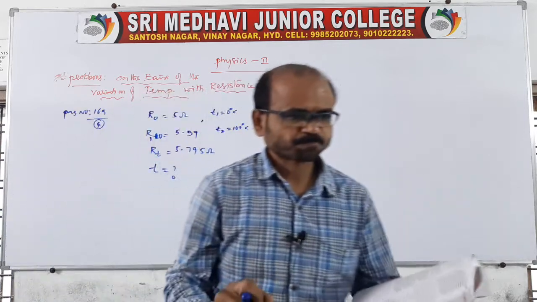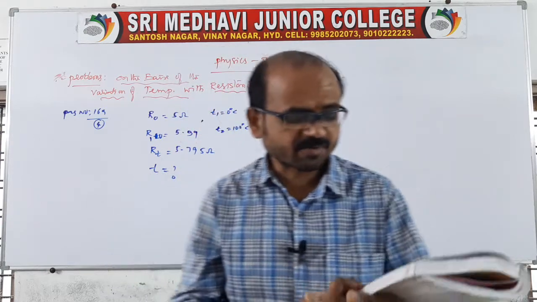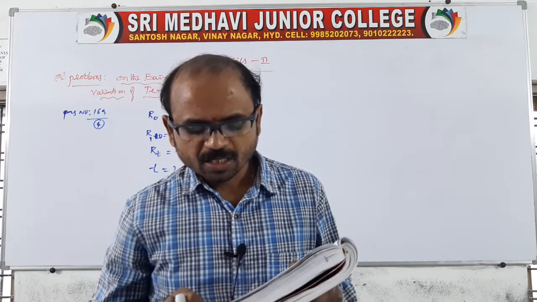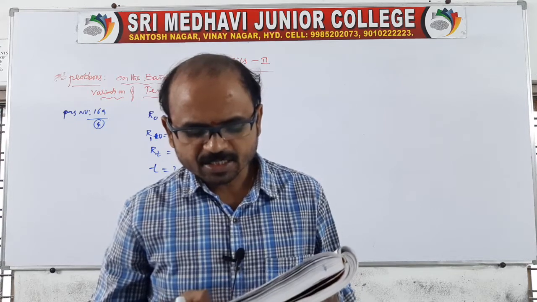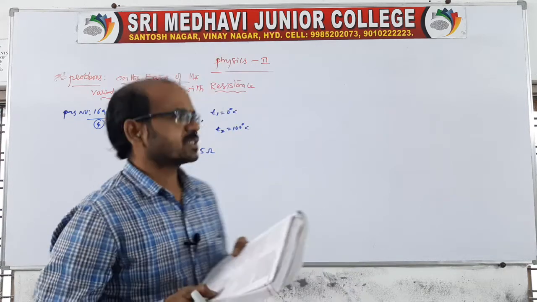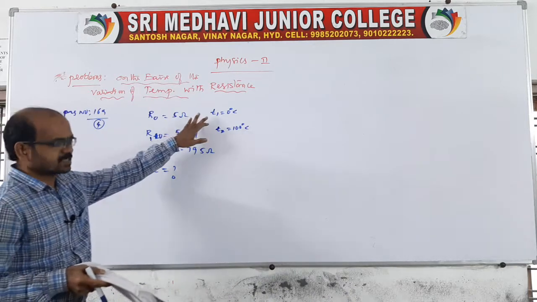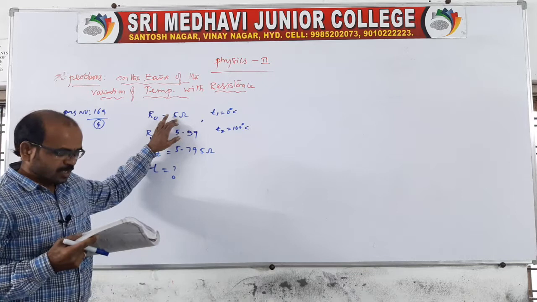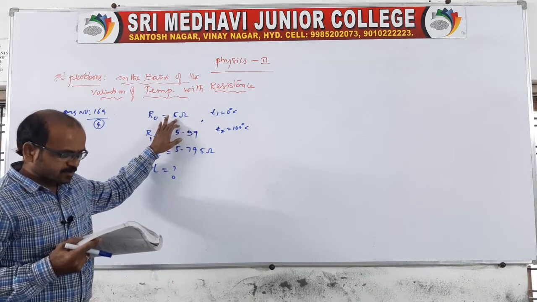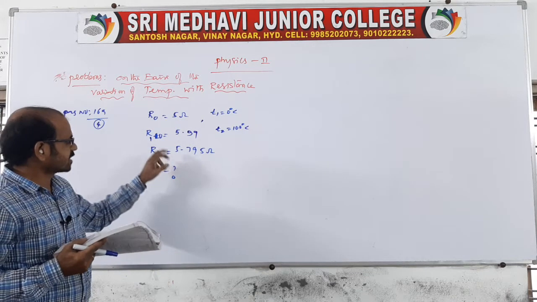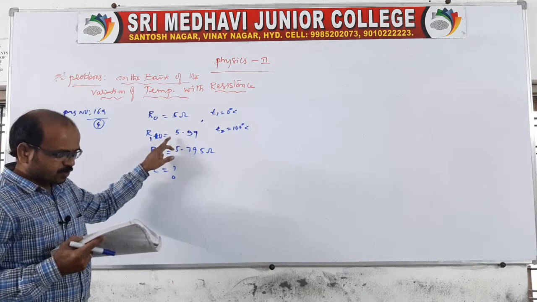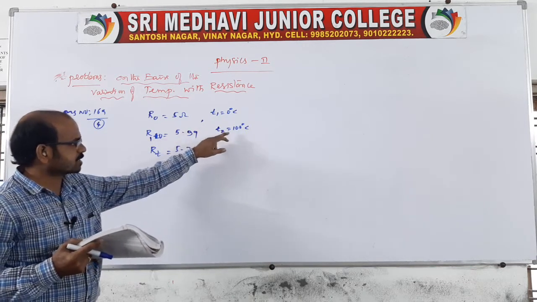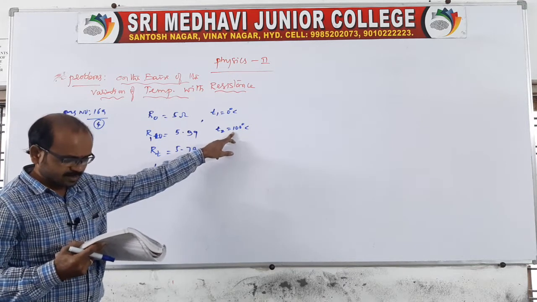I'll tell you. In this question, the resistance of a platinum wire of a resistance thermometer at the ice point is 5 ohm. Ice point means 0 degrees Celsius, where it is given as 5 ohm. At the steam point it is given as 5.39 ohm, which is T2 equal to 100 degrees Celsius.